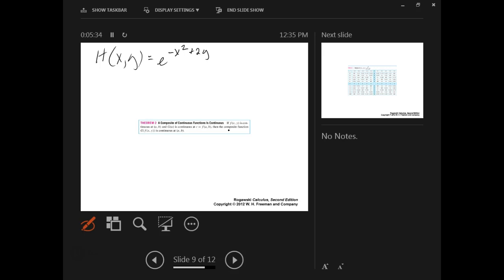And we're going to assume it's continuous at the values we're going to be interested in. Well, guess what? The exponential function is continuous everywhere. Okay, so no problem there. Now, we need to write this as a composite function, so we need to come up with a g of u so that we can take g of f of x,y. Okay? Almost looks backwards.